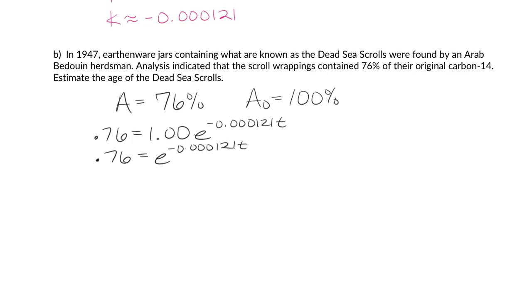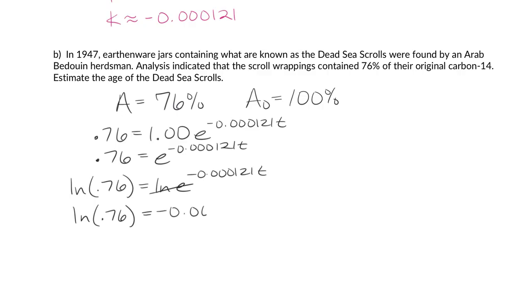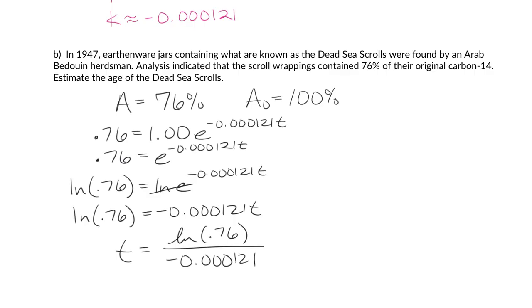We would take the natural log of both sides. Cancel out the natural log and e, log base e of e. We get natural log of 0.76 equal to negative 0.000121t, which means we can solve for t by dividing natural log of 0.76 by negative 0.000121.